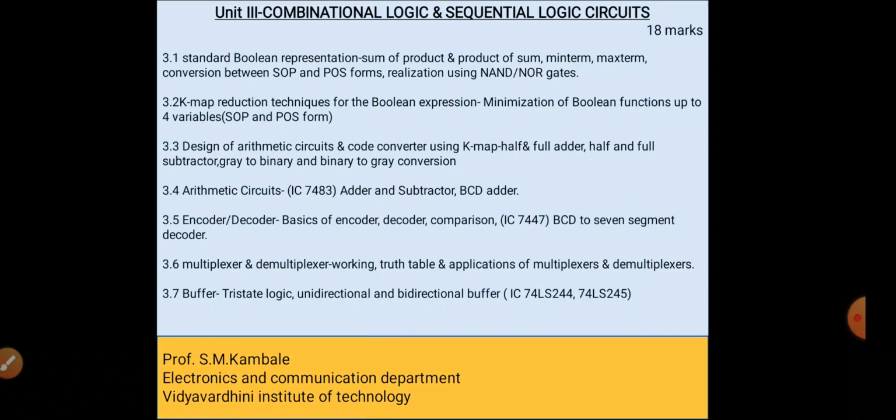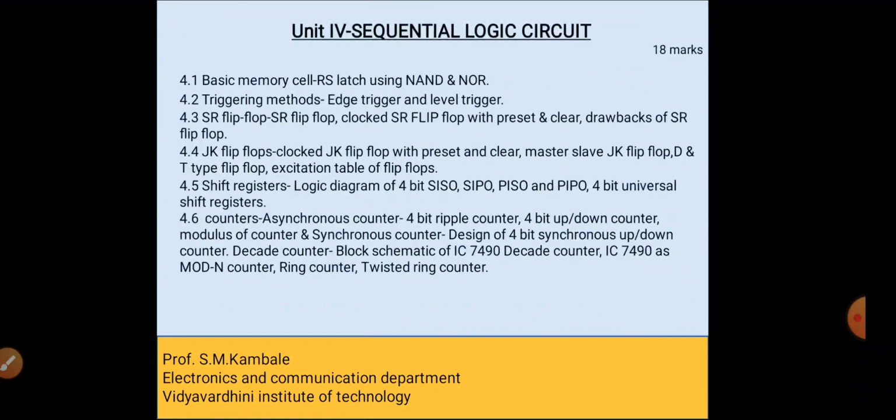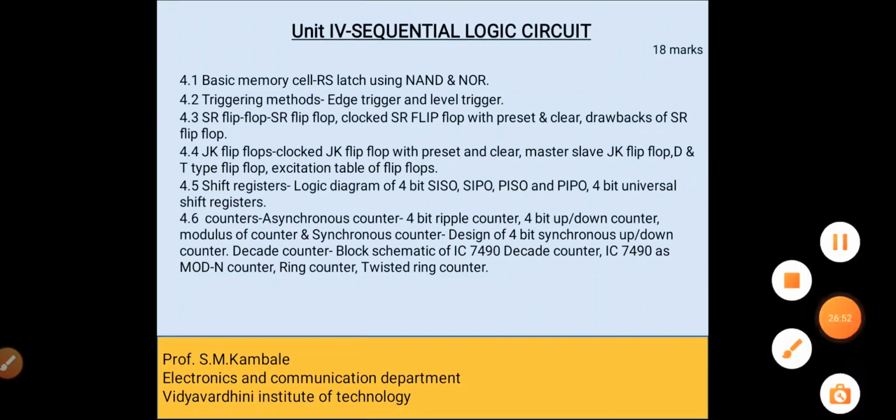This is the whole of unit number 3, that is combinational logic, which is for 18 marks. Now unit number 4, that is sequential logic circuits, also contains 18 marks.